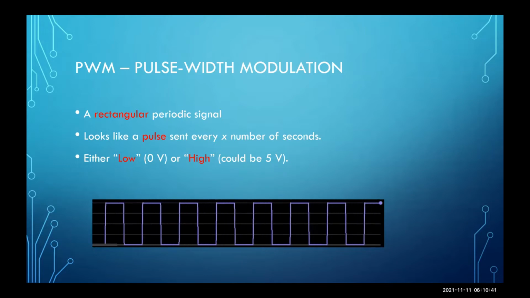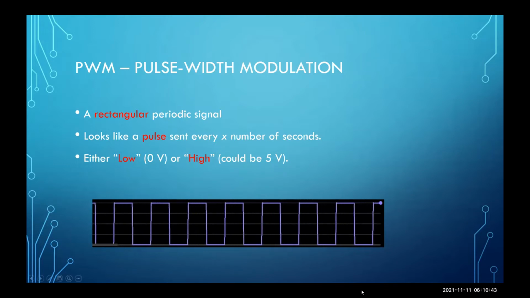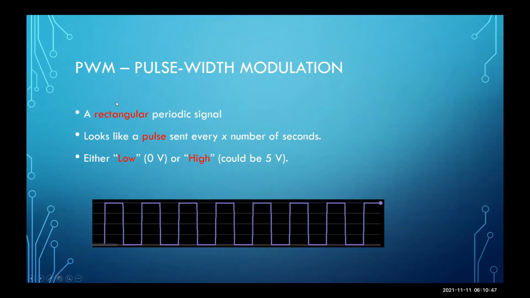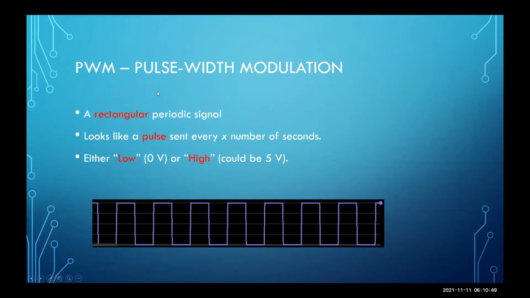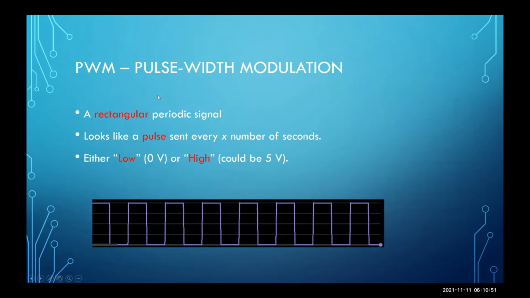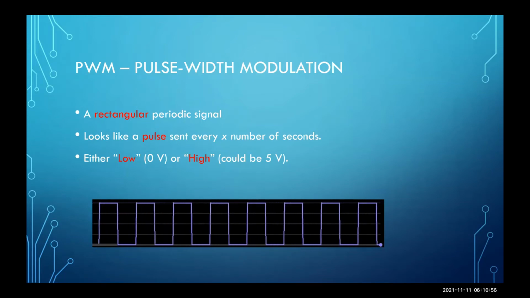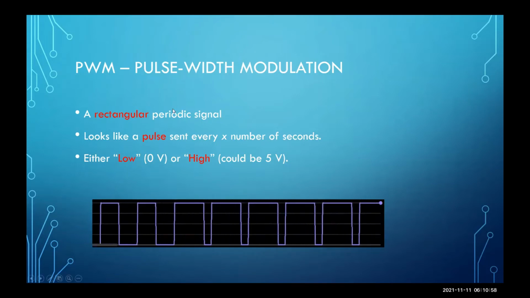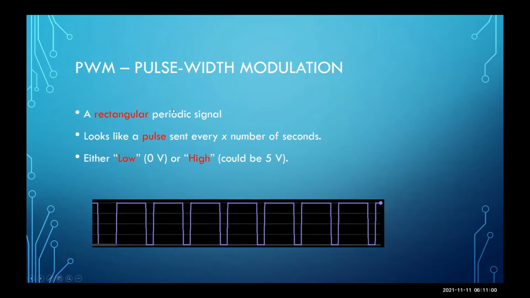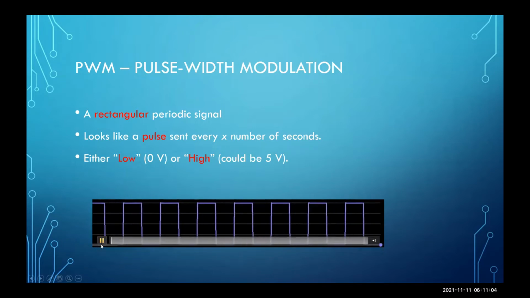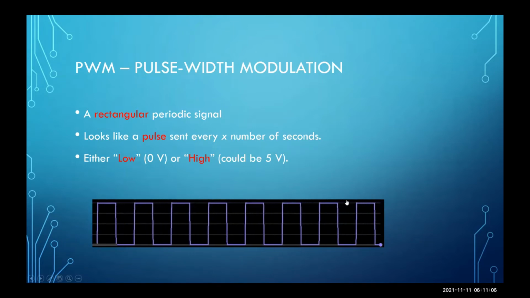When we talk about pulse width modulation, which is PWM signals, what we're actually looking at is either a rectangular signal, or it could be a sine wave, or a sawtooth, or a triangular wave. But in any instance, the cycles are going to look similar to this.